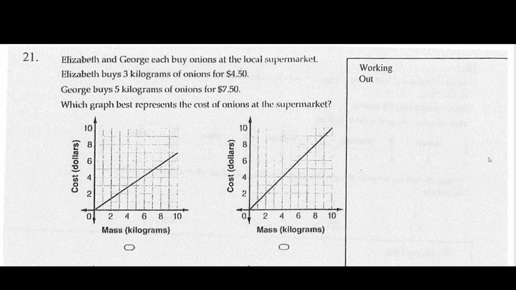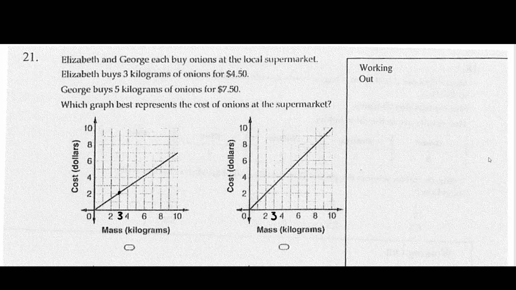Alright, so 3 kilograms for $4.50. Let's have a look. Here's where, in this first graph, that's where 3 is. It's between 2 and 4. So 3 kilograms for $4.50. Let's have a look. 3 kilograms gives $2. So no, that's not it.